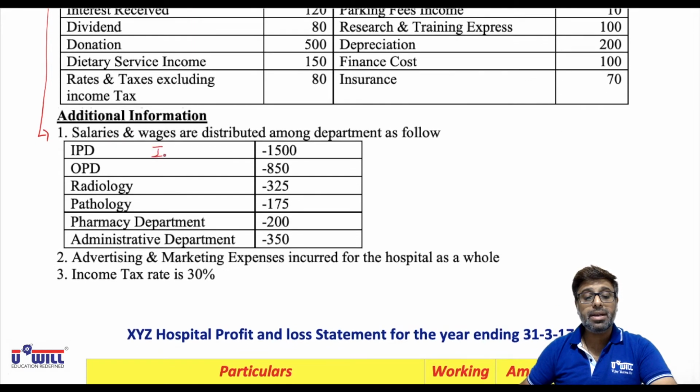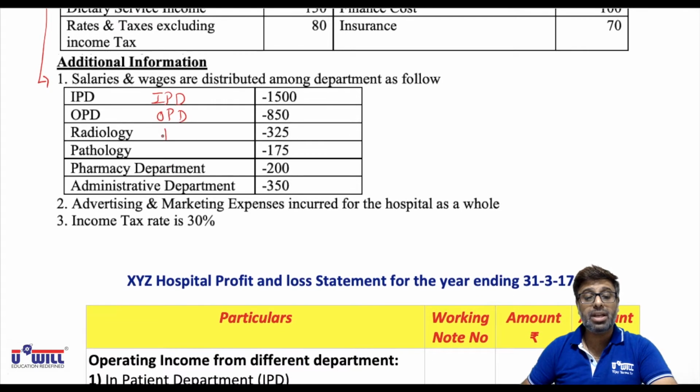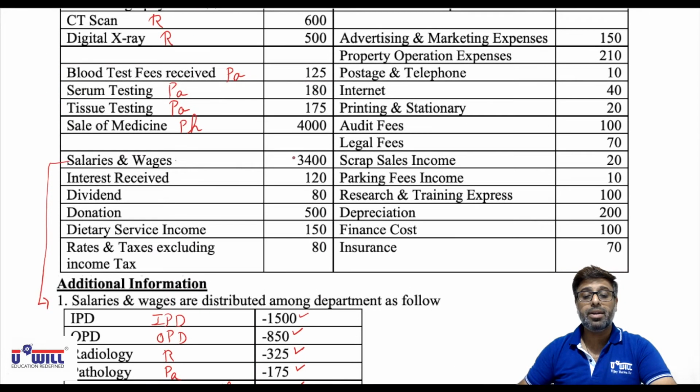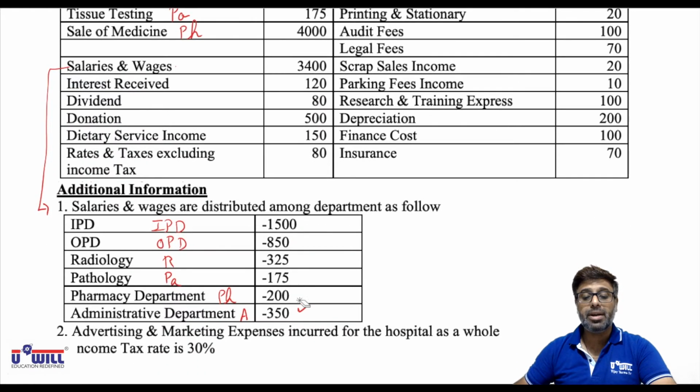So IPD 1500, OPD 850, radiology R, pathology PA, pharmacy PH and administrative A. You can just cross check. 1500 plus 850, 2350 plus 325, 2675 plus 175, 2850 plus 200, 3050 plus 350, 3400. You can see here the amount is 3400. So the breakup of this 3400 is given in adjustment 1.